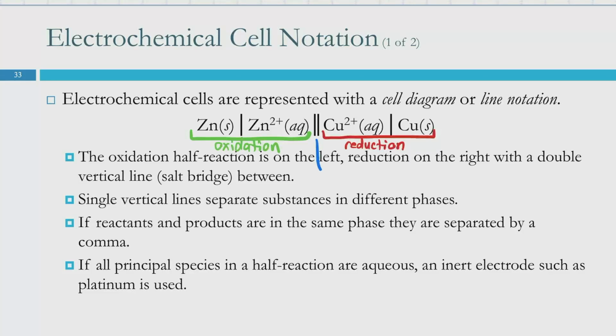We've got double lines indicating our salt bridge, or if you want to think about it, just separating our two solutions. And then we've got single vertical lines that separate phases.